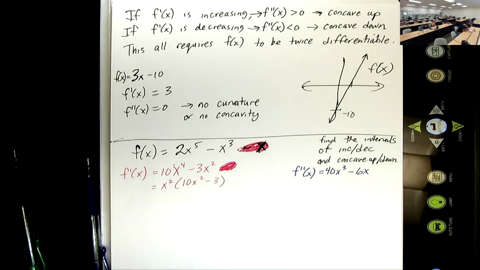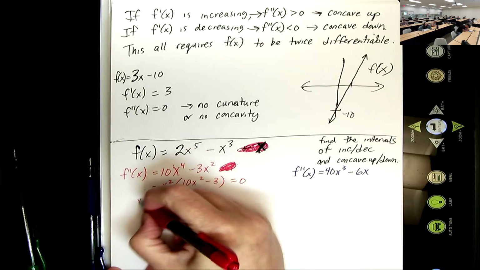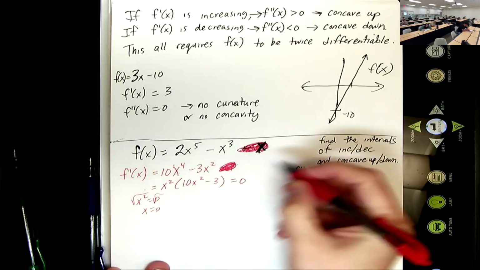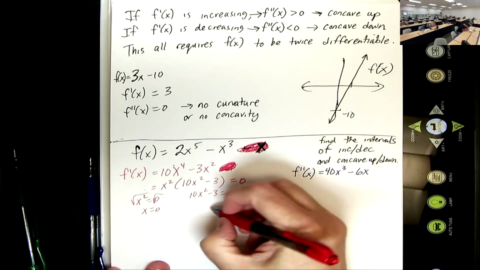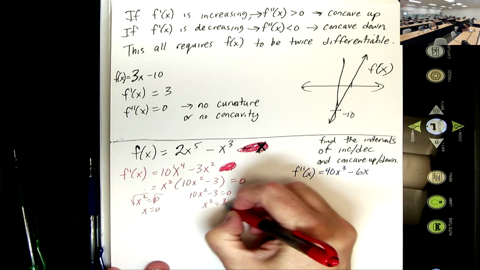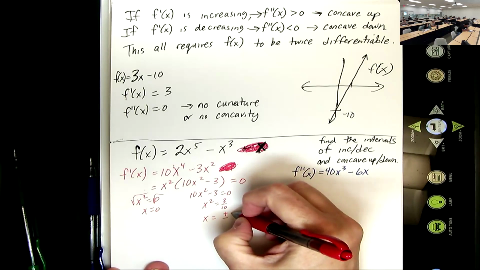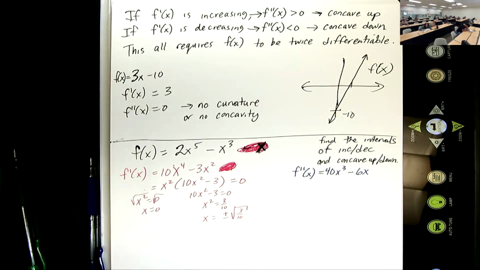And like we did before, we're going to find where this equals 0 and then do points around it. So x squared equals 0, and we take the square root, we get x equals 0. This one, 10x squared minus 3 equals 0. x squared equals 3 over 10, so x is plus or minus the square root of 3 over 10. I have no idea what that value is.